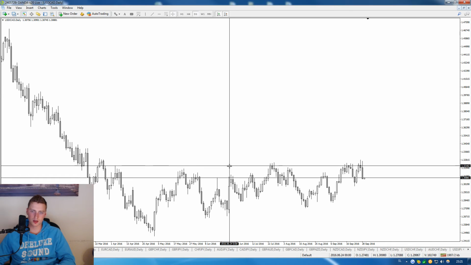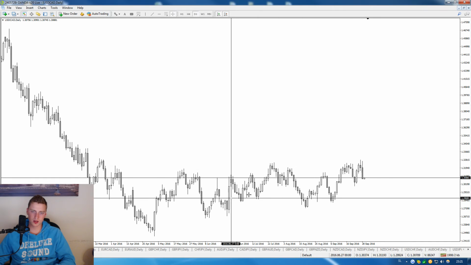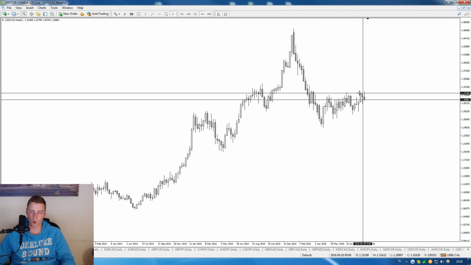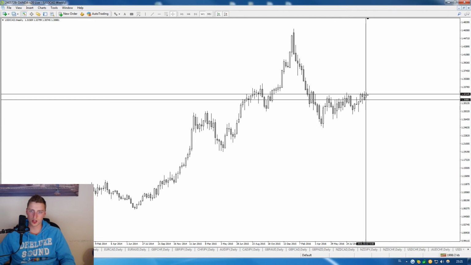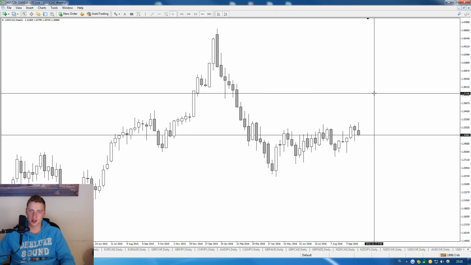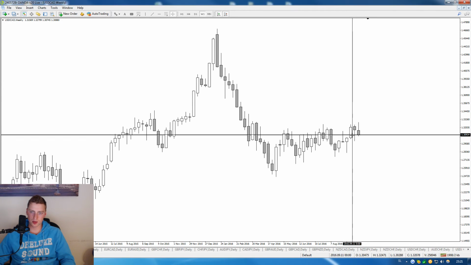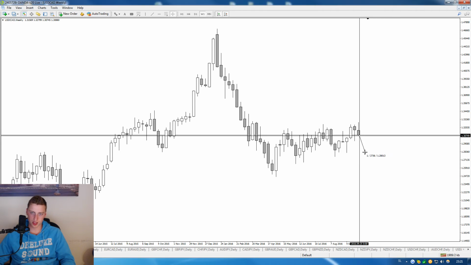It's sort of a sideways movement, some sort of a correlation, some sort of a wedge on a weekly and a range on a daily. And if we might get a weekly candle pattern like that, or even a little bit lower, this might be some sort of a potential to the downside.